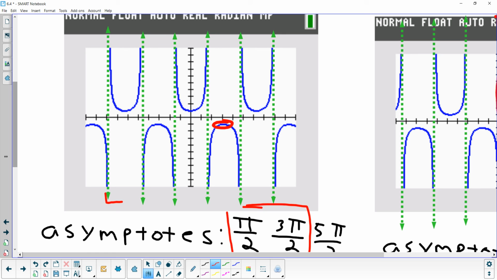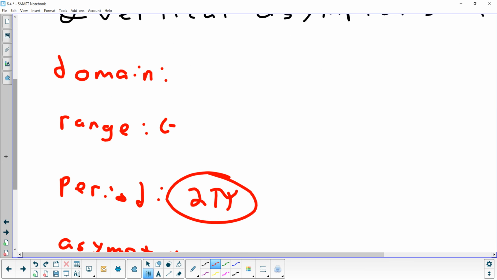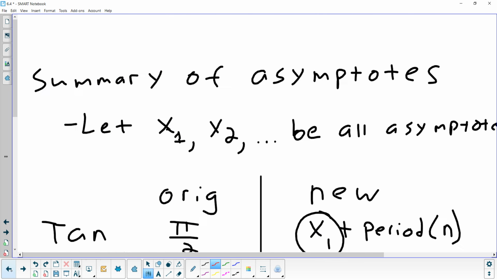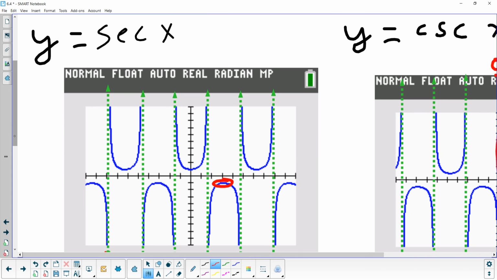Negative infinity to -1. Yep, it is going up to -1. So we have anything from negative infinity to -1. That's the bottom part, and it does hit -1, so we can include it. And what about the top part?